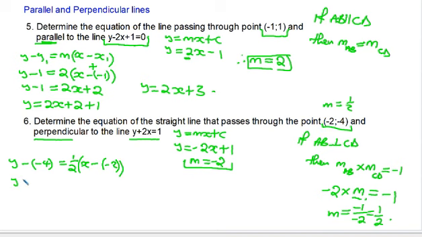Double negative gives us a positive, so it's 1 over 2 x plus 2, and then take your 4 to the other side. Y is equal to, distribute there, 1 over 2 x, 1 over 2 times 2 gives us a 1, and then the 4 goes to the other side, it becomes negative 4.